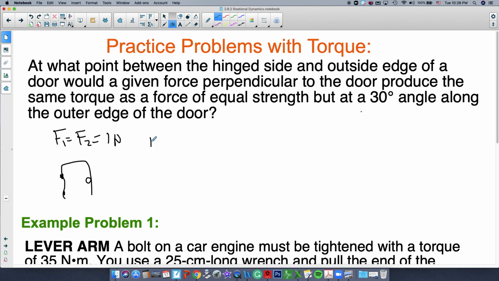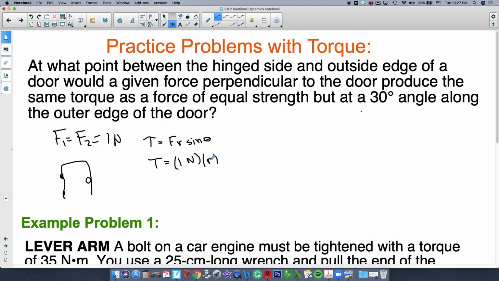So let's start off. Our normal equation for torque is force times radius, or lever arm, times sine theta. Our first one is just at a 90-degree angle, so we have our force of 1 Newton times that lever arm, that radius.